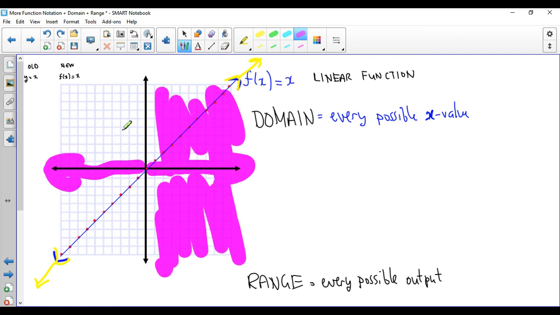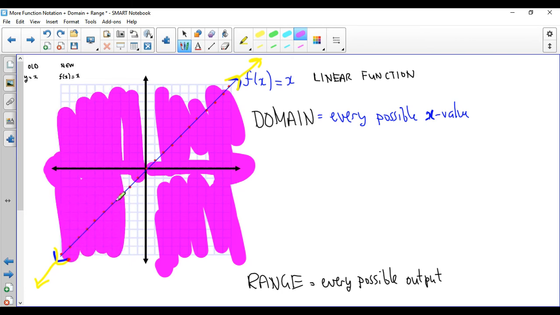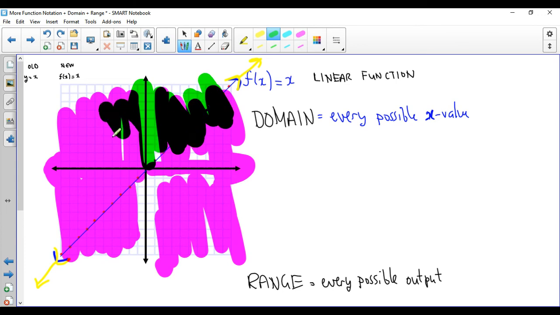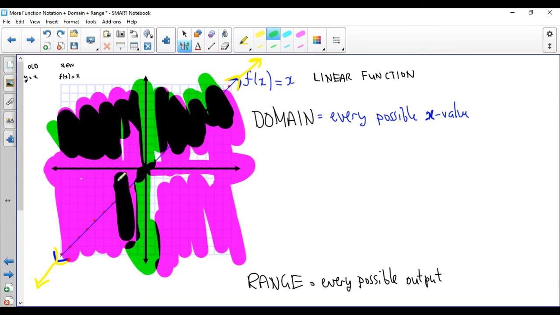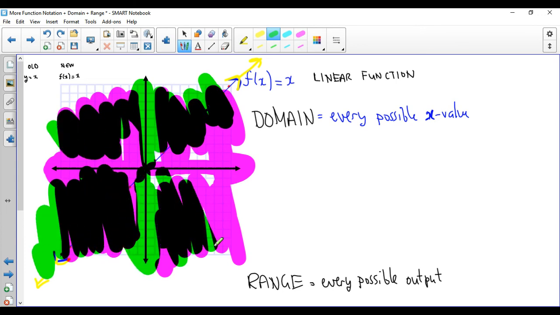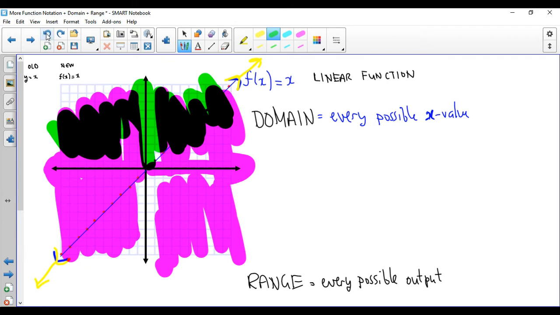It's going on forever this way, and then it's also going on forever this way. Like, holy crap. And it goes on forever this way. So you kind of get the point that I just shaded the entire grid. So I need to get rid of that just for our sanity.